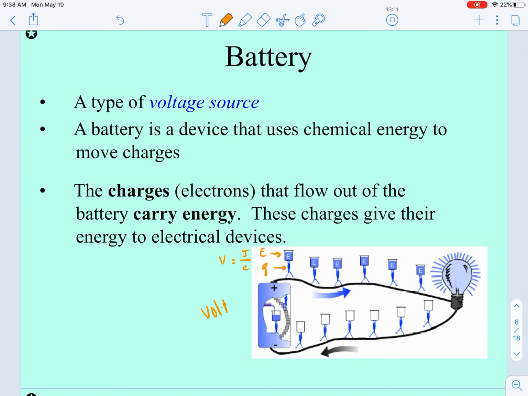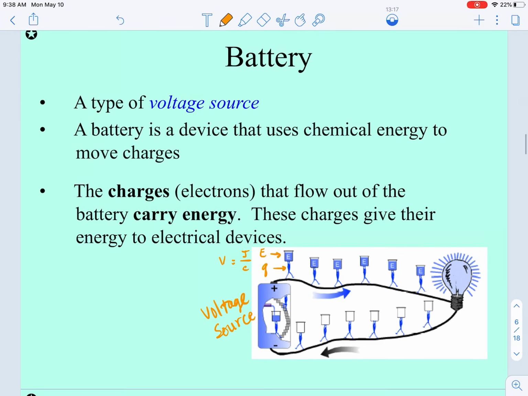So when we are looking at our voltage source, that would be our battery in this case, you can see that we have our positive end, which we have discussed in a previous slide, as being the high voltage. So if we look at the picture, the ratio of joules per coulomb is pretty high because we have these little cups, which we will use to say like they're beakers, and we're measuring how much energy is available in the cup.